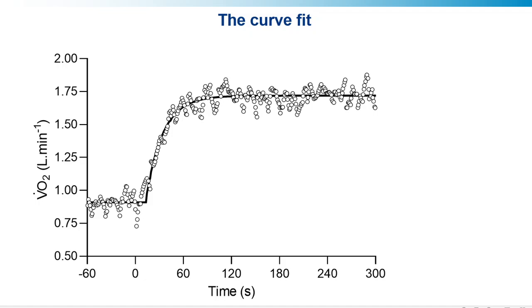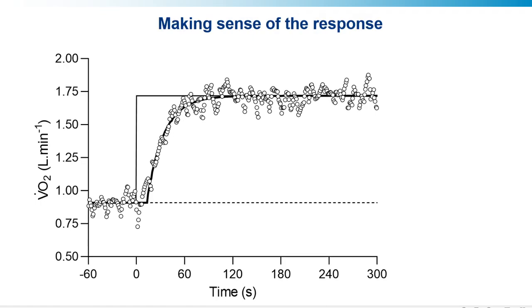So what's really going on here? Let's put some flesh on the bones. What I've done here is I've simply added the oxygen deficit. So this is the square wave increase in exercise demand. And then I've also put a dotted line down here so you can look at the amplitude.